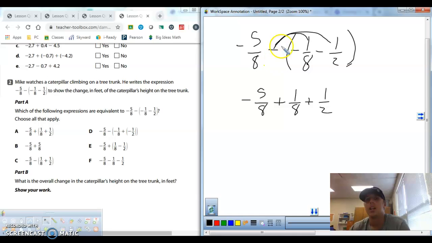Okay. It's saying the negative of this whole thing. Okay, you can distribute the negative to everything inside of it, and that's the same thing. Remember, a negative times a negative gets you a positive. Again, a negative times a negative 1/2 gets you a positive 1/2. Okay? Alright, so now we can just add everything together.